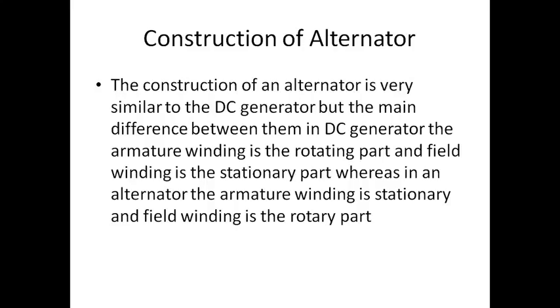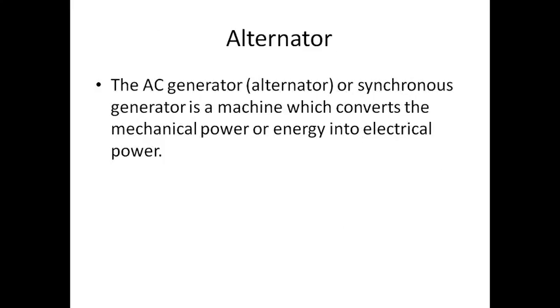An alternator is of two types. One is the rotating armature type, where the armature rotates, and the second is the fixed armature type. The rotating armature type has a very small output.